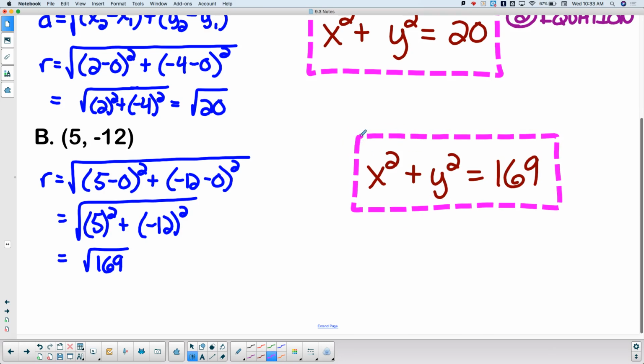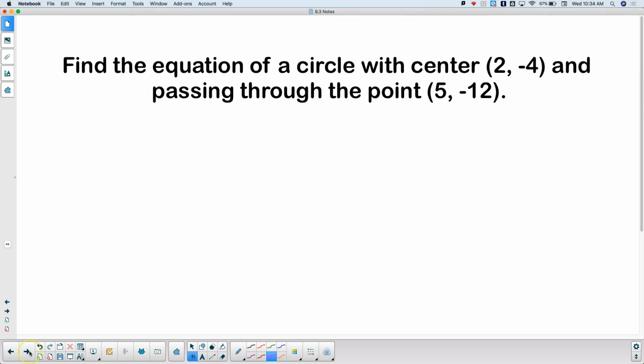I get x squared plus y squared equals 169 for a circle centered at the origin that goes through the point 5, negative 12. Questions on that? Try that one. Same style of problem.